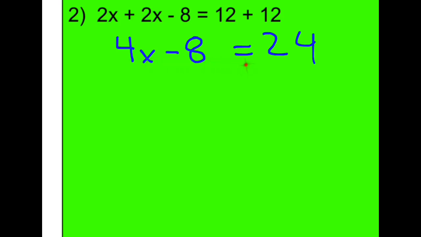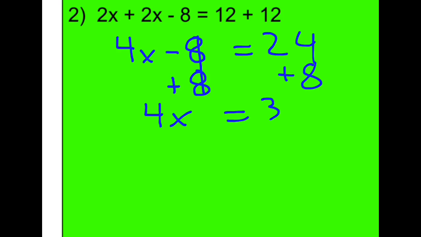This should look like a recognizable equation now. Solve it by doing the reverse of order of operations. The opposite of minus 8 is plus 8, and do it to both sides. 4x minus 8 plus 8 disappear, equals 32.